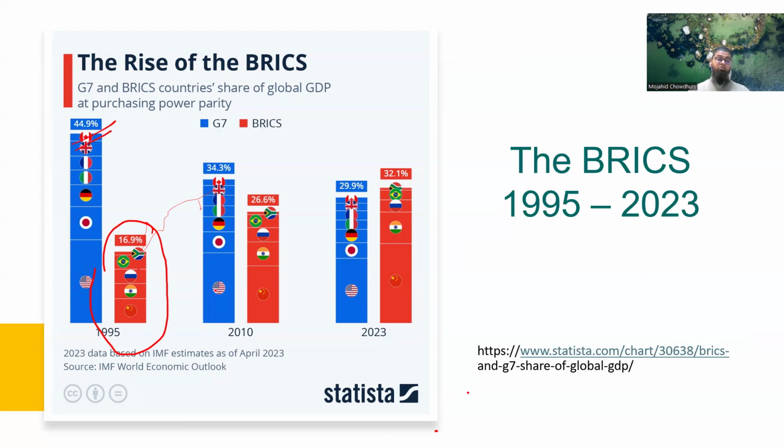In 2010, these BRIC countries, Brazil, India, Russia, China, South Korea, got some momentum. And now in 2023, they have a very significant and substantial portion of the world's GDP. So it's very essential to see how emerging markets are rising.